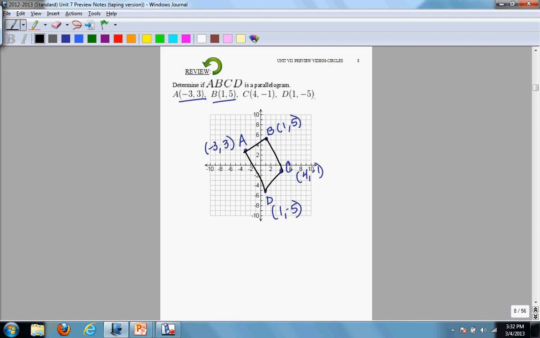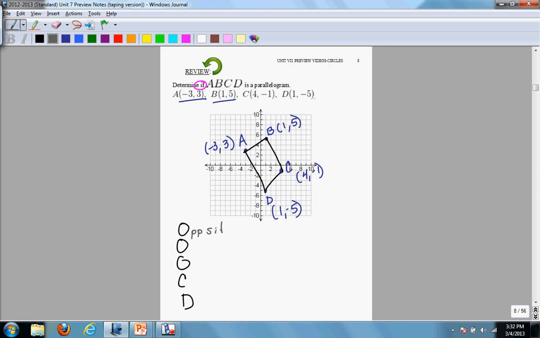Okay, our goal here is to determine if, that's a key word, ABCD is a parallelogram. Now remember, the 5 qualities of a parallelogram are the OCD qualities. Let's fill the rest of those out.